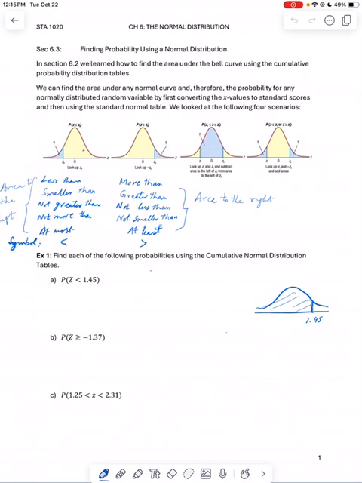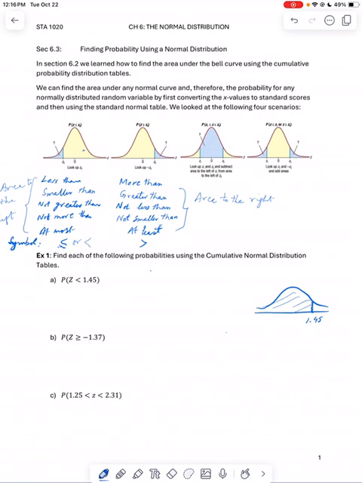Whenever you see these phrases: less than, smaller than, not greater than, not more than, or at most. Now remember, in probability, less than or less than or equal to, both will have the same answer.